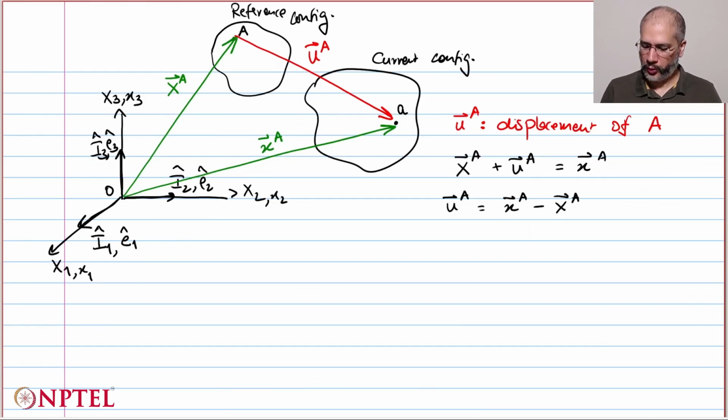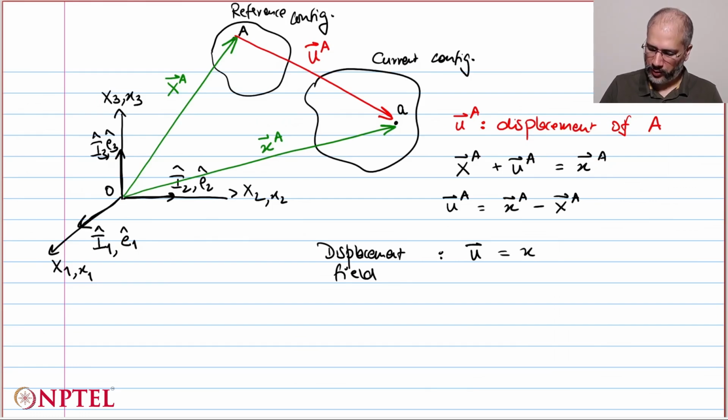So this UA tells us the displacement of the material point A when it goes from the reference to the current configuration. In fact, I can define a displacement field that is simply the vector u, which is small x minus capital X.